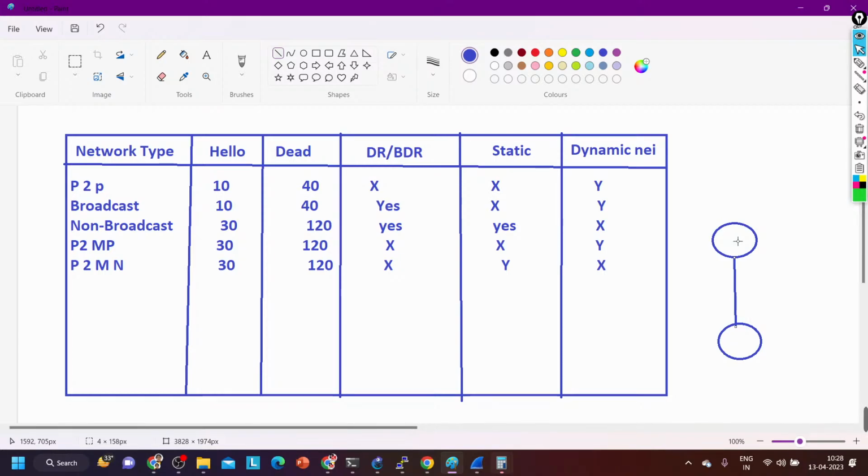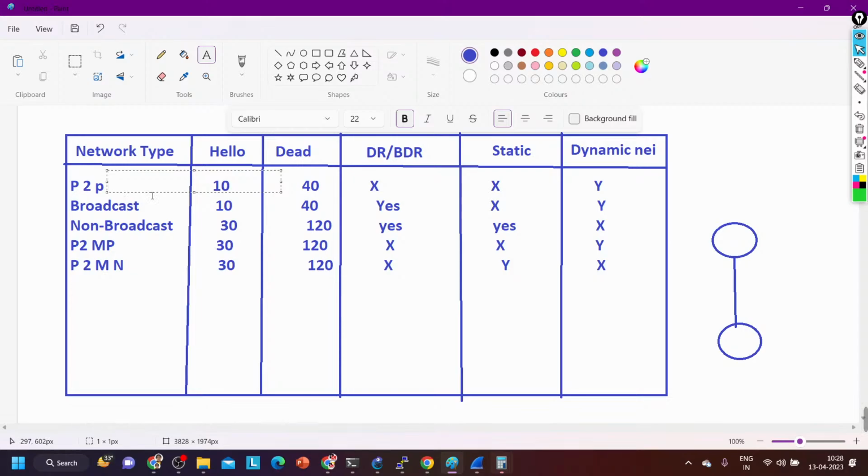Yes, sir. When more than two routers are connected with the same segment, that time network type should be what? Broadcast. Yes or no? So point to point should be there in case of two directly connected routers.